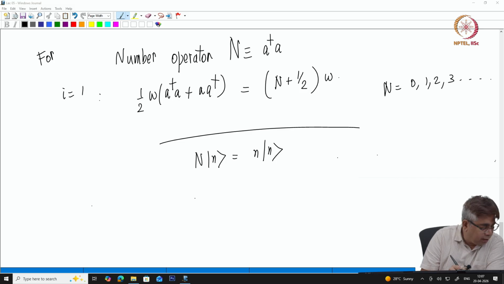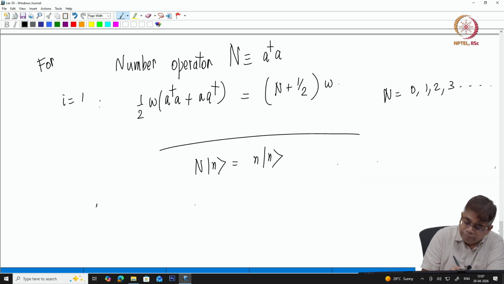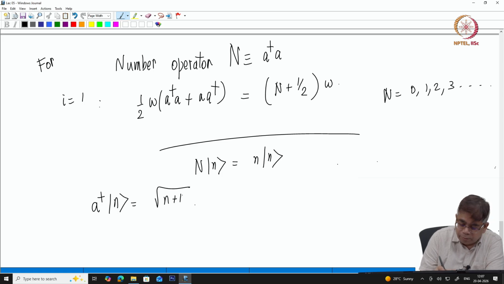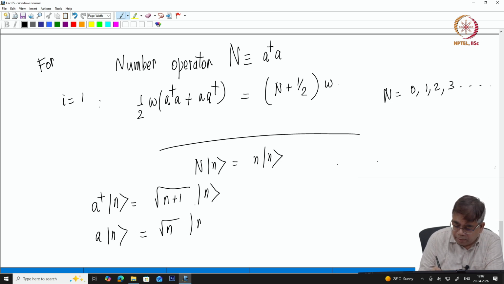The a dagger operator takes a state n and gives you root n plus 1 times the state n plus 1, and a gives you root n times the state n minus 1. Oh no, I think there is an error here.